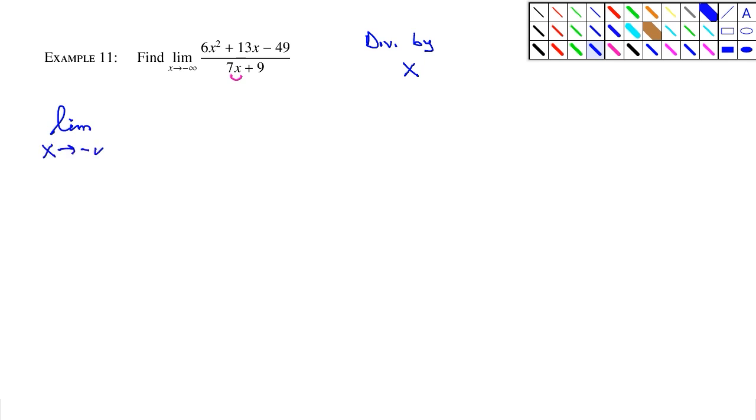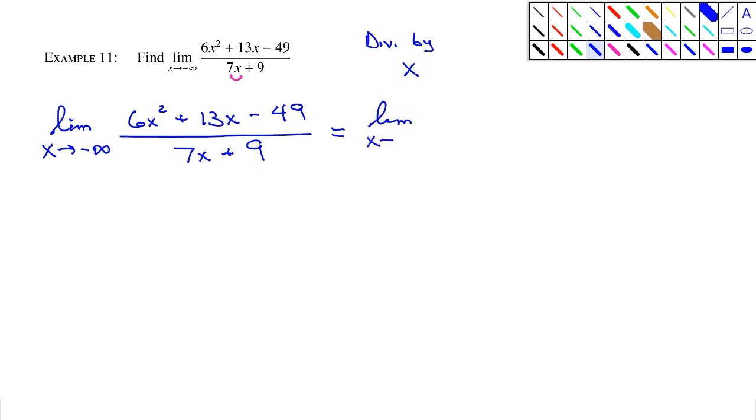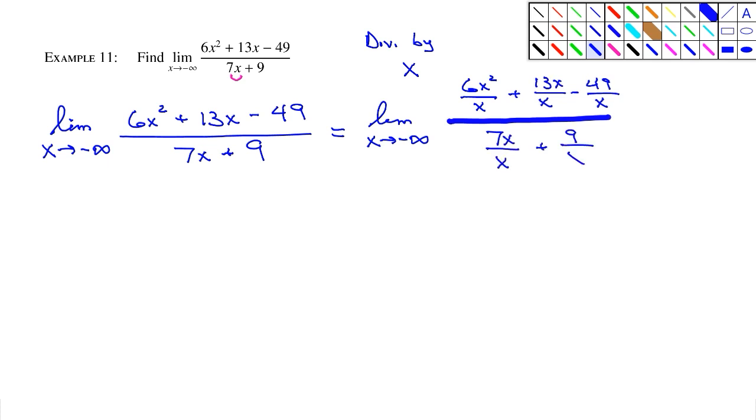Limit as x goes to negative infinity of 6x squared plus 13x minus 49 over 7x plus 9. This is going to be the limit as x goes to negative infinity of 6x squared over x plus 13x over x minus 49 over x, all over 7x over x plus 9 over x.